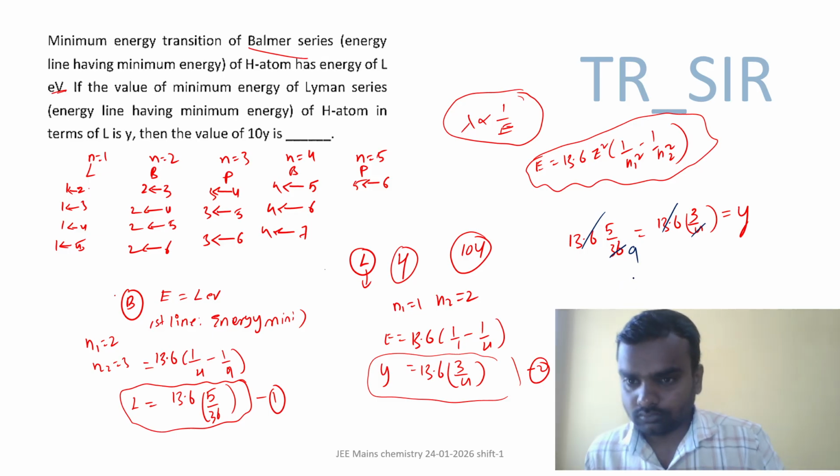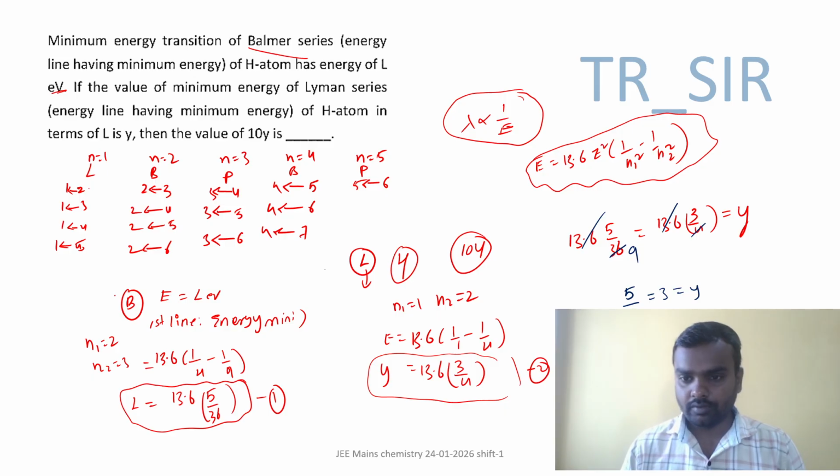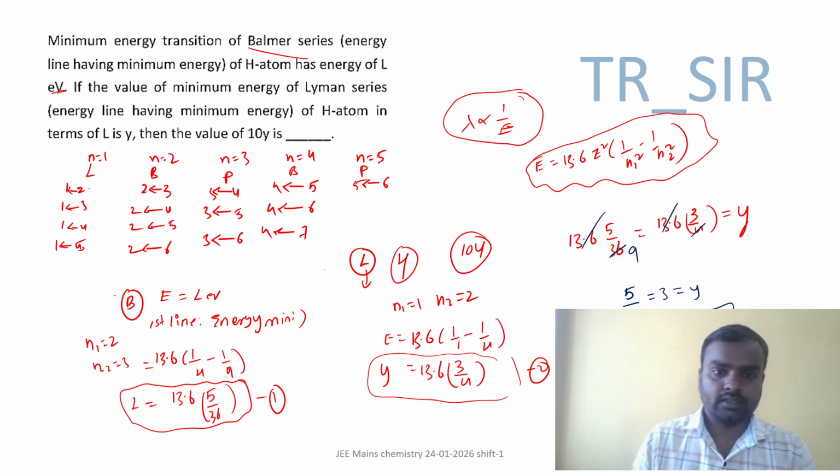So 5 by 9 L equals 3 Y, so Y is equal to 27 by 5 L. Now substitute that Y value in 10 into Y. So 10 into 27 by 5, that means 2 times 27, so 54 is the answer. The answer for this question is 54.